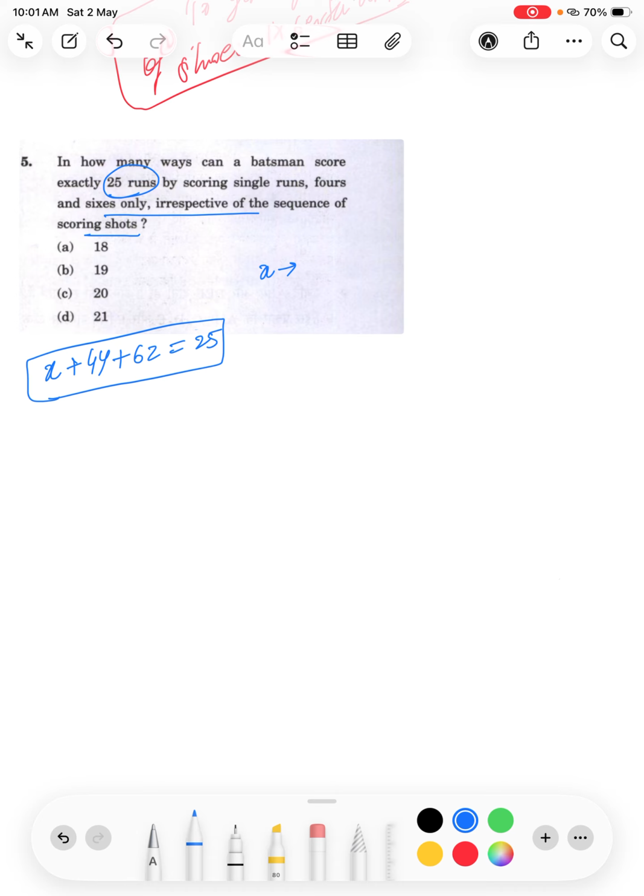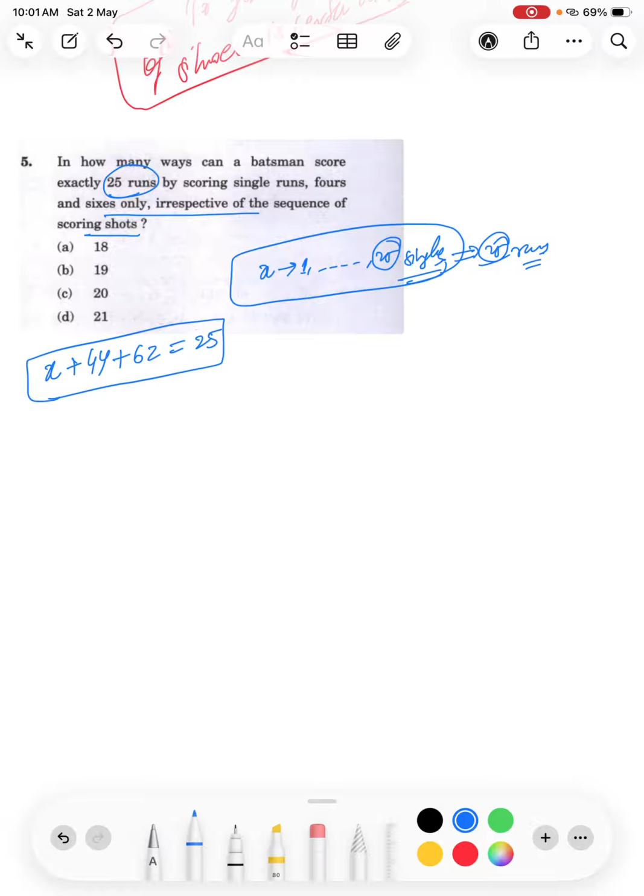If I talk about x, if the batsman has to score only singles, he can score from 0 up to 25 singles. By only singles he'll be able to get 25 runs.